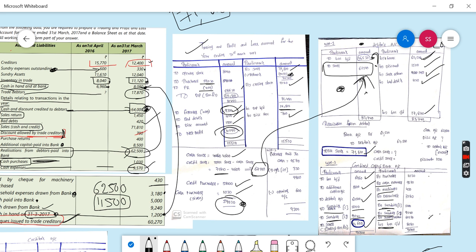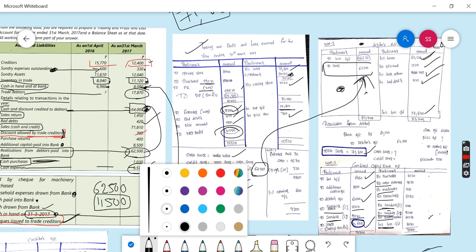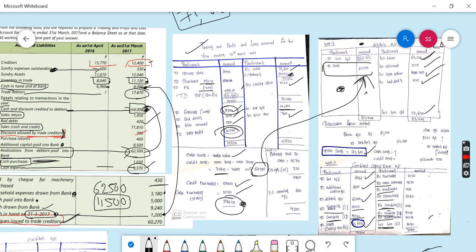If you record here to sales, then from this information we can do the balancing figure, which you will get 16,530 as the opening balance of debtors. So to balance brought down, 16,530 you'll get, and then we can close the debtors account as well. So we know the trade debtors, we know the creditors, we have finished the trading account and P&L account as well.